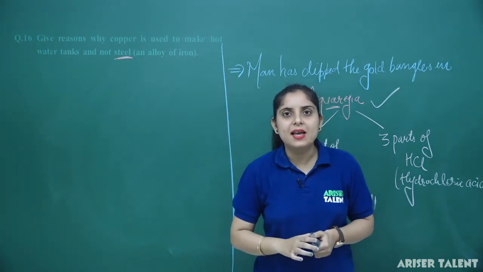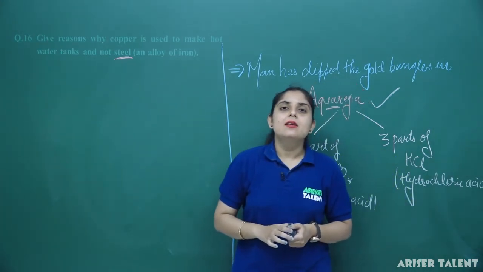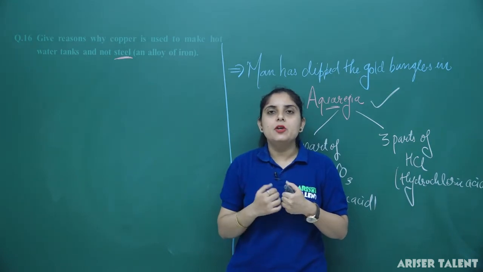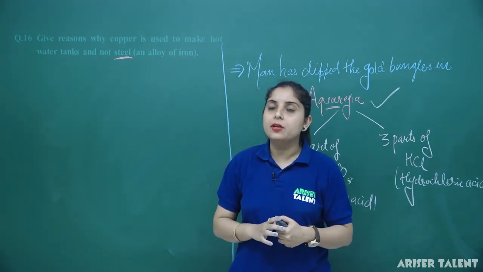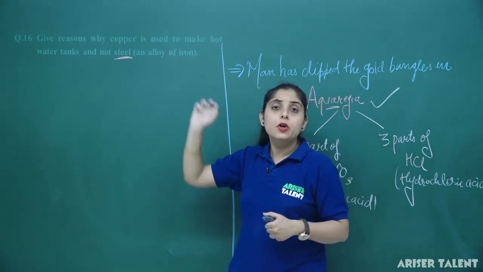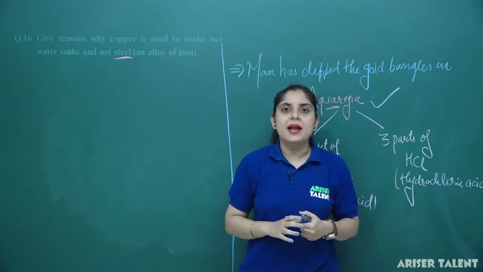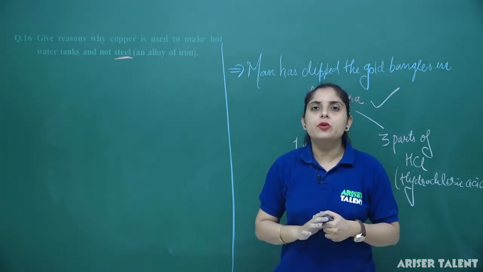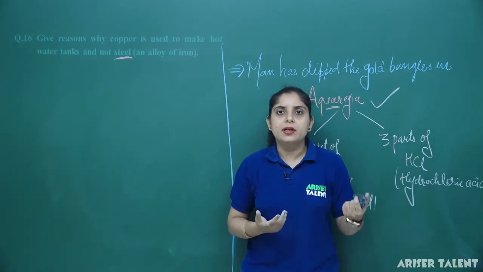The first reason is that copper is a good conductor of heat. The second reason is that at normal temperature and at very high temperature, copper is not going to react with water, but steel has a tendency to react with water, because copper lies below hydrogen in the reactivity series. It is not going to react with oxygen, it is not going to react with water, and it is a good conductor in fact.